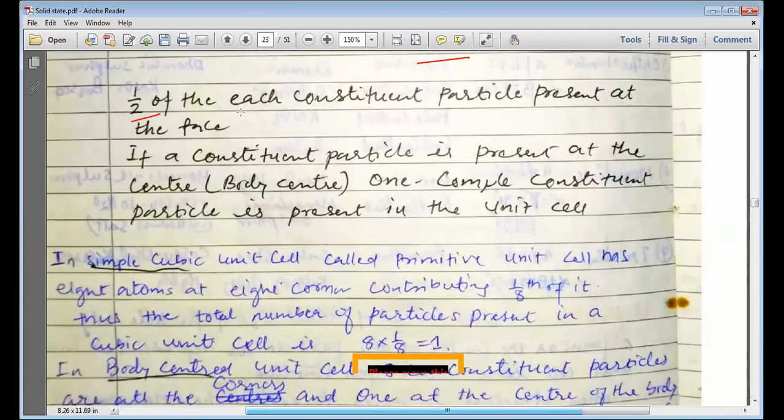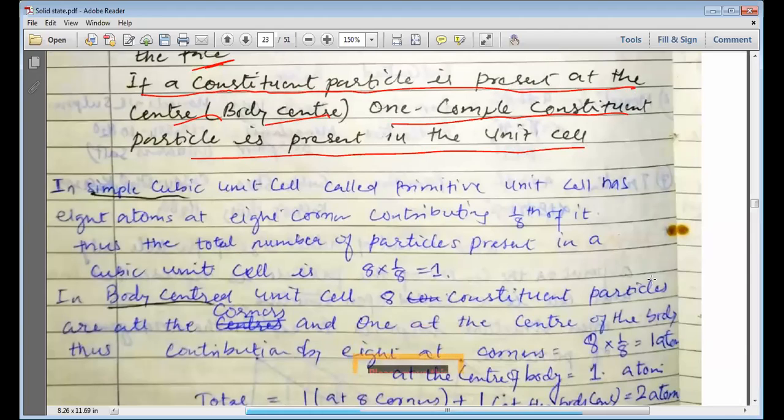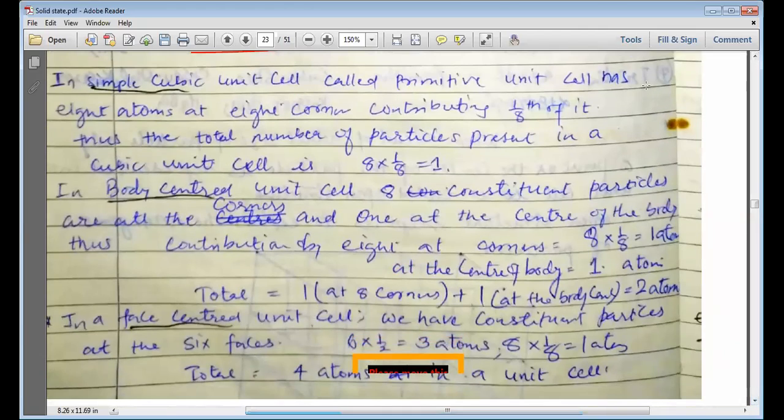Then 1/2 of each constituent particle present at the face. So if the particle is present at the face, 1/2 of it is shared with the unit cell. If a constituent particle is present at the center, that is the body center, one complete constituent particle is present in the unit cell. So this is how, my dear students, we can understand what part of the particle is present in the unit cell.